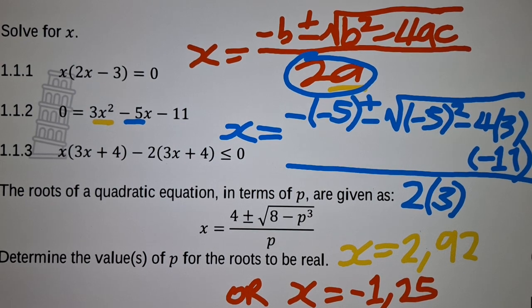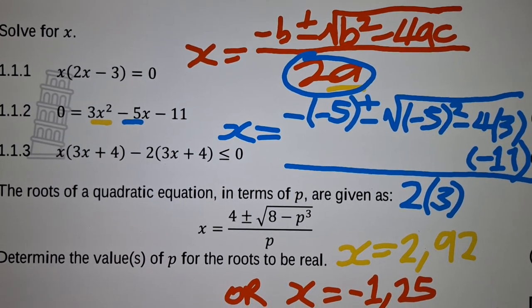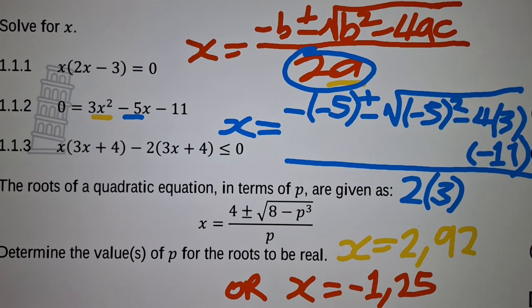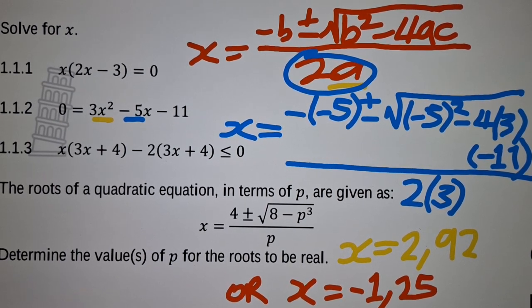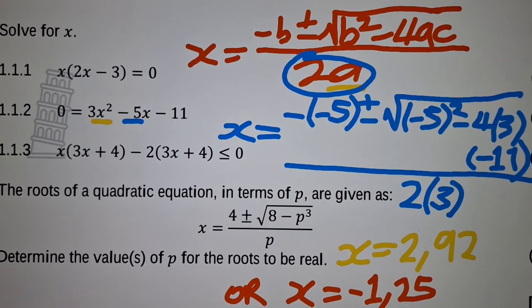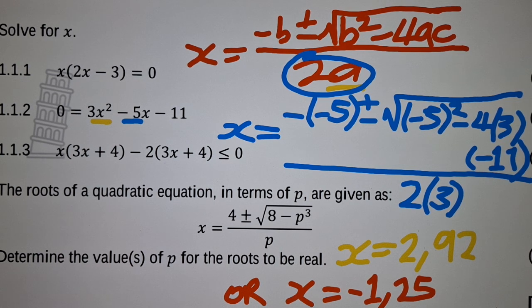It's rounded off to 2 decimal places. So x is equal to 2,92 or x is equal to negative 1,25. Then that's the answer for x in question 1.1.2. Just do it like that. Yes, we are done with 1.1.2.